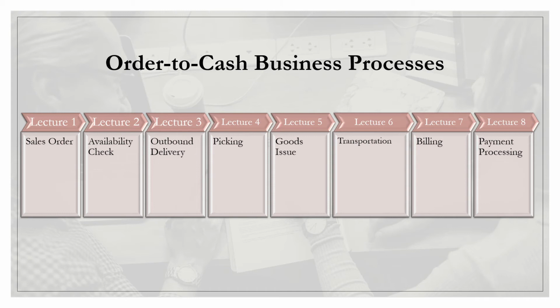There's some sort of a pre-sales activity that could have happened before the sales order, even though it's not considered a main part of the 8 different processes. There is such a thing called pre-sales activity. So we can take a quotation or request for a quotation from one of your customers, and we can actually tie that to your sales order.